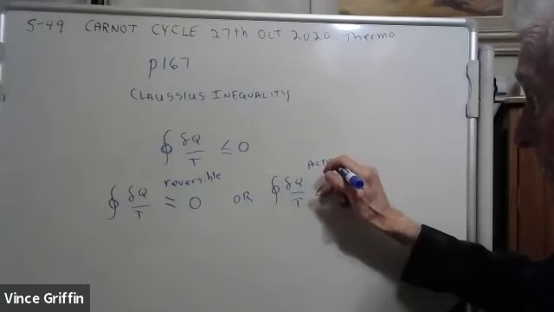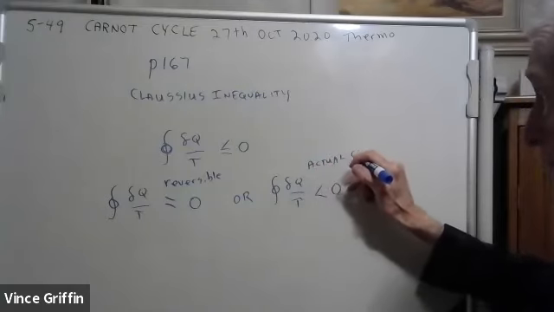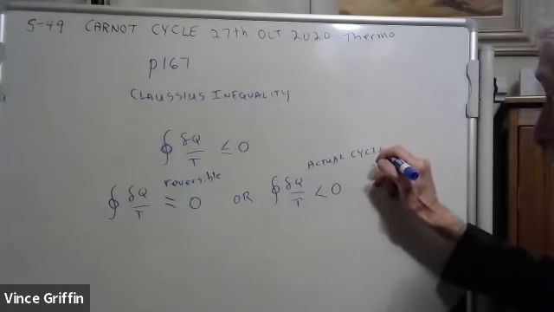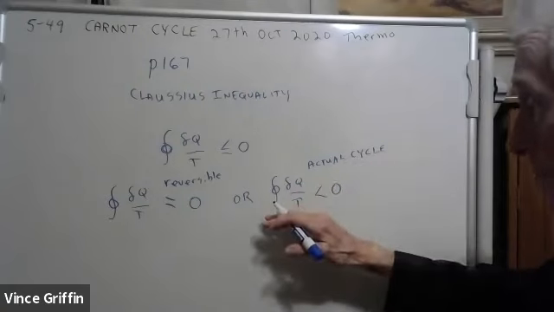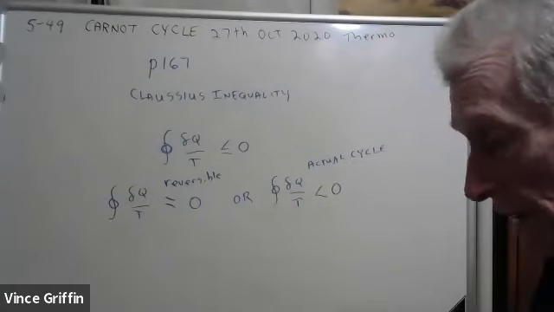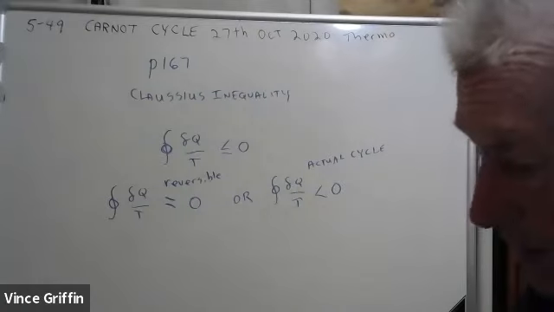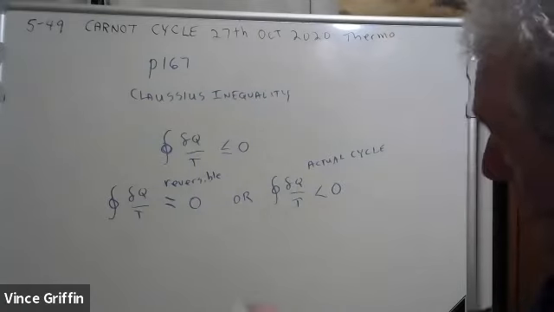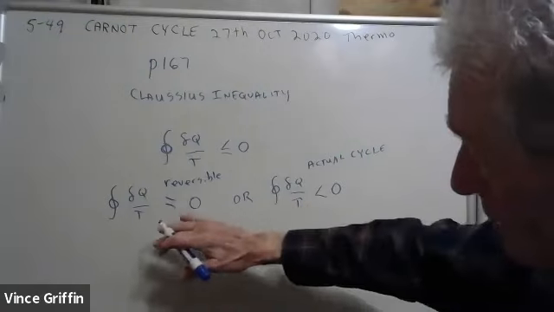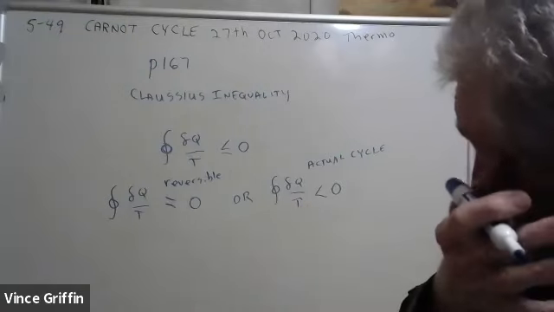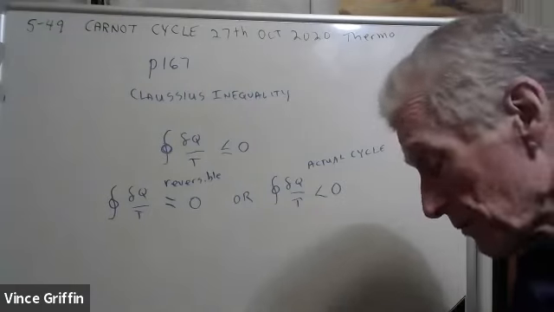In an actual cycle, the sum of all the heat transfers divided by the absolute temperature at which the heat is transferred throughout the whole cycle will be less than 0. It'll be equal to 0 if you have a perfect cycle.